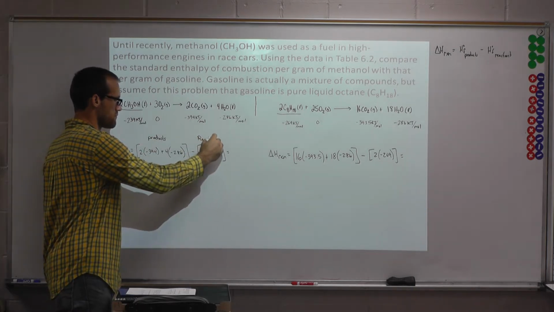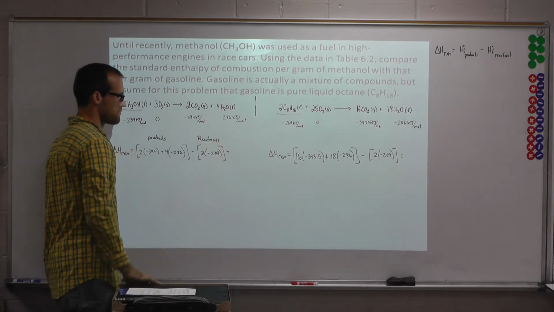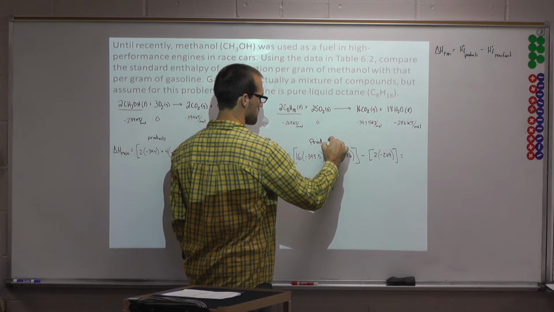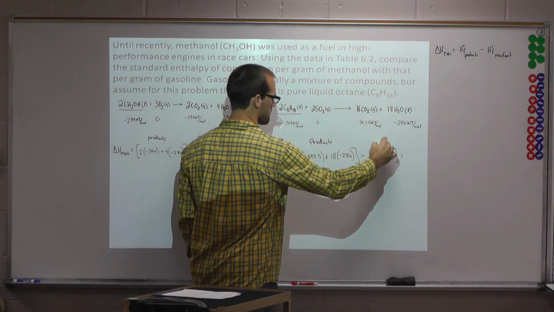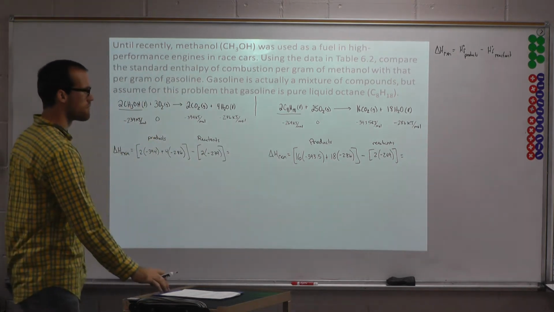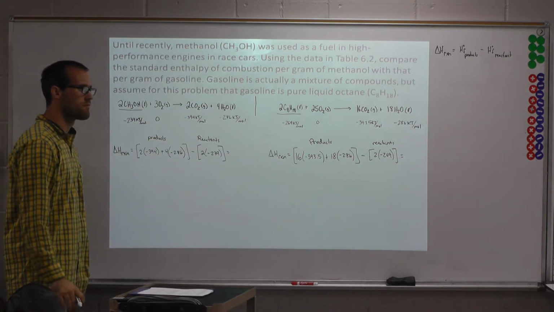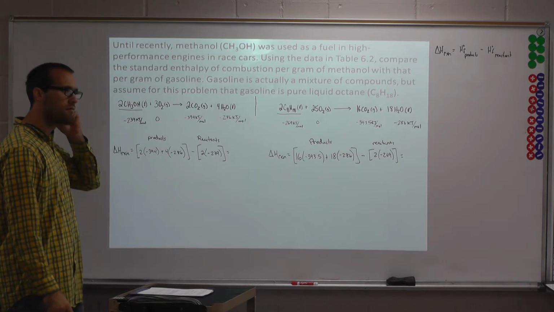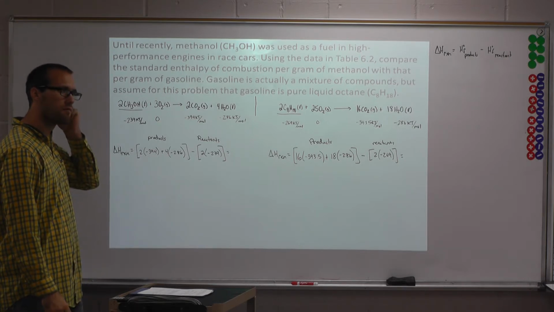Those numbers minus that number. It's products minus reactants. Yeah. What else is here? And 2. And 0 in there.